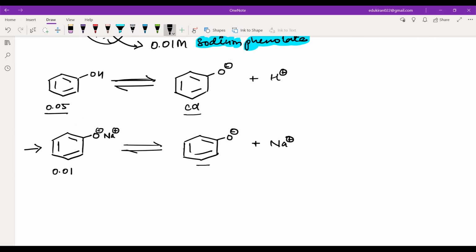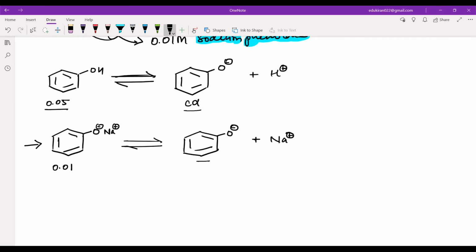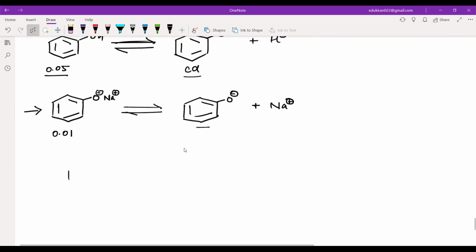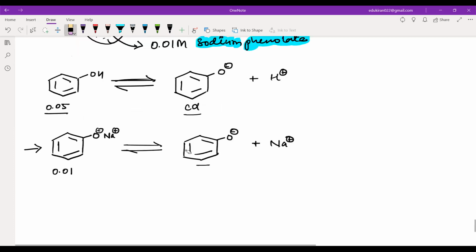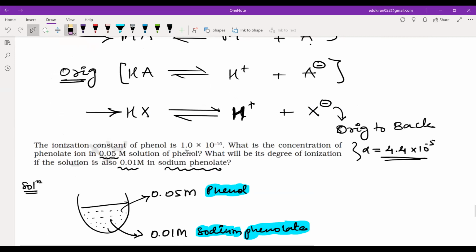So we can say that if I add these two reactions, what will be the Ka? Ka, I can say that it is equal to... wait a second, how much of it is going to get reacted? I have to think about that first. Do we have anything about this? No.